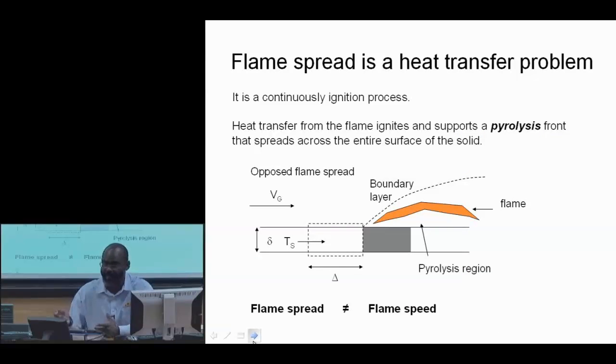We said it's a continuous ignition process, and what I'm trying to show here is, I'll actually talk about this in a couple different ways. So I call this an opposed flame spread because from an analysis perspective, I'm interested in what's happening in this sample.